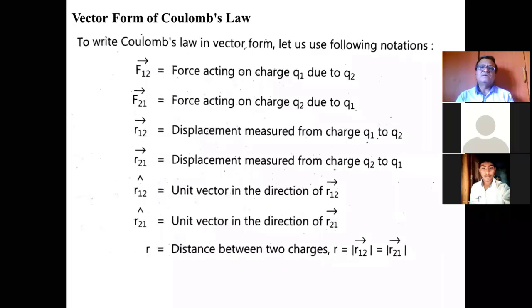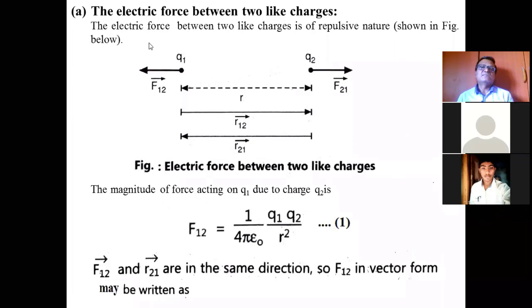Let us consider the first case, the electric force between two like charges. If there are two like charges, plus q1 plus q2 or minus q1 minus q2, these are like charges, and they are separated by a distance r.